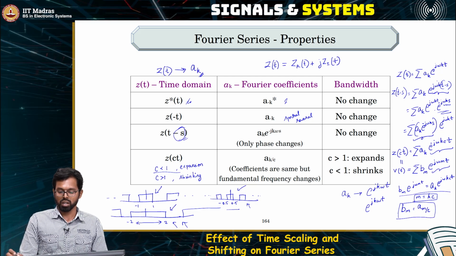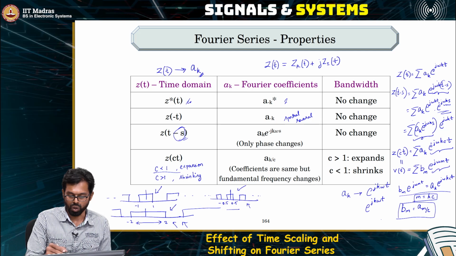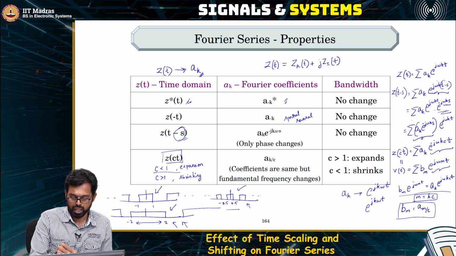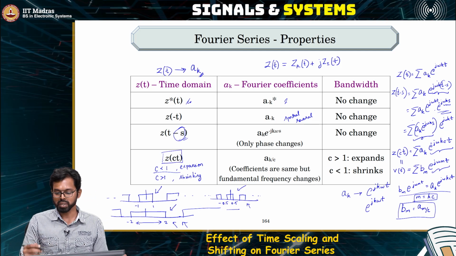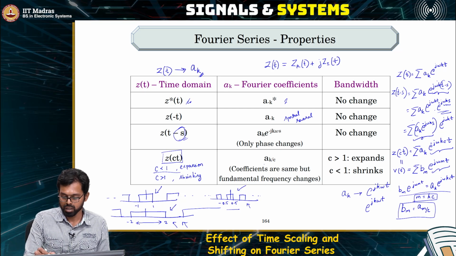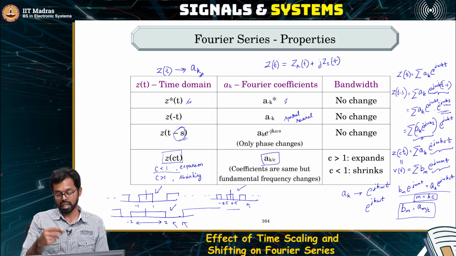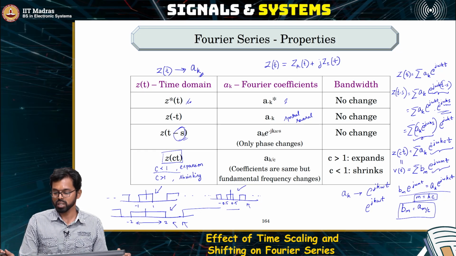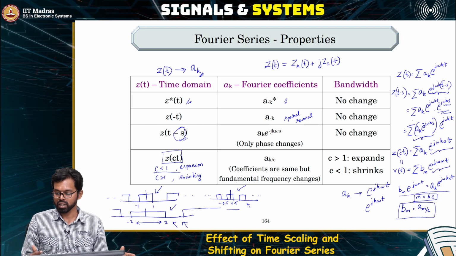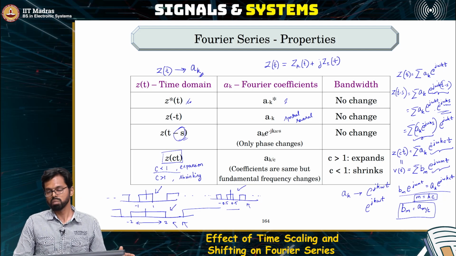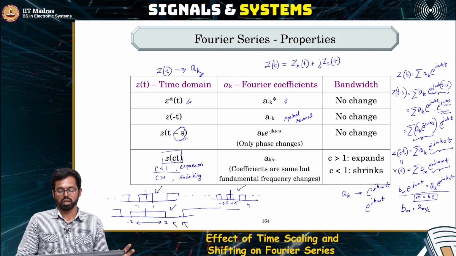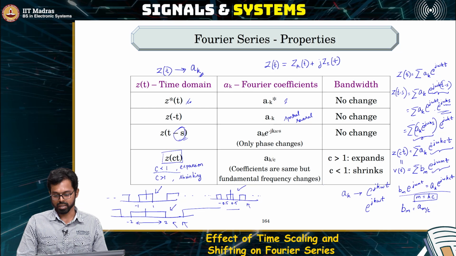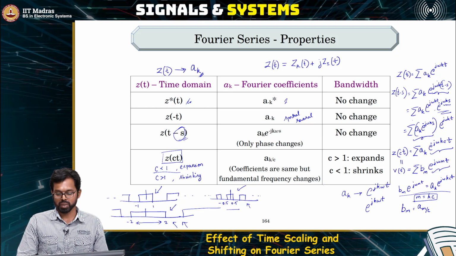That is, now the Fourier series coefficients of z_c(t), the time scaled version, depend on the Fourier series coefficients of z(t) in this manner, where the coefficients get advanced or postponed. Or in other words, the fundamental frequency itself has changed.